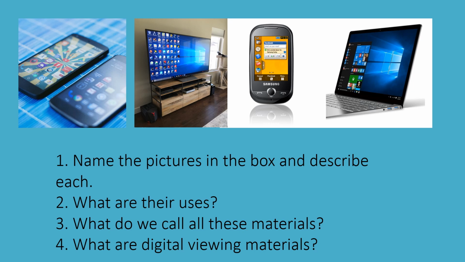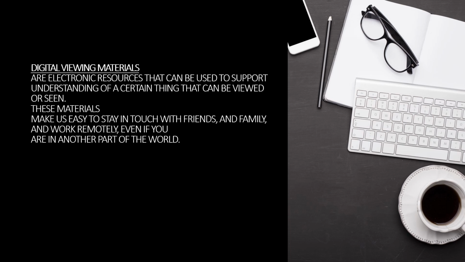So what do we call all these materials, class? What are digital viewing materials? Digital viewing materials are electronic resources that can be used to support understanding of a certain thing that can be viewed or seen.